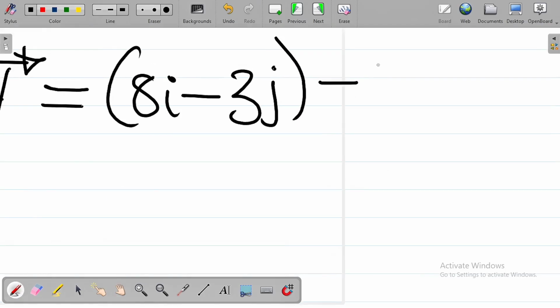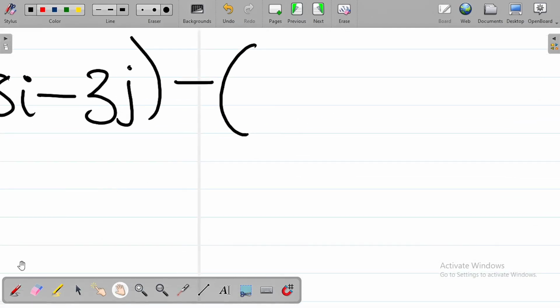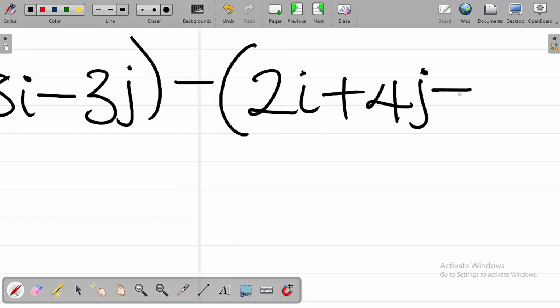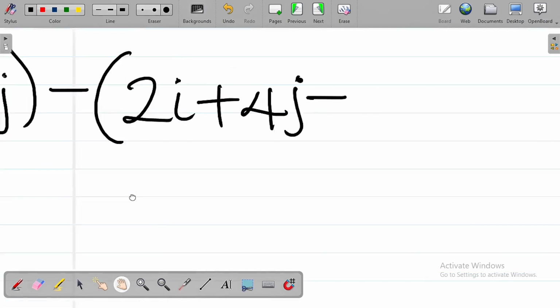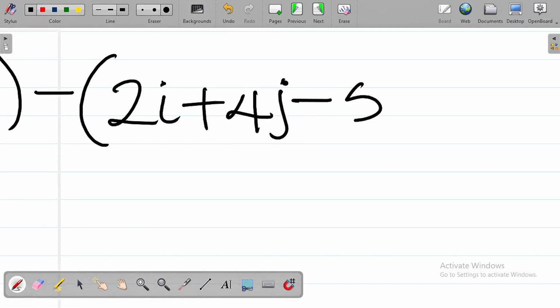And then minus, what's vector y? Vector y is 2i plus 4j minus 5k. That's vector y.